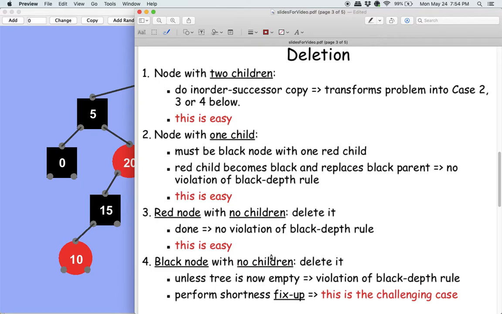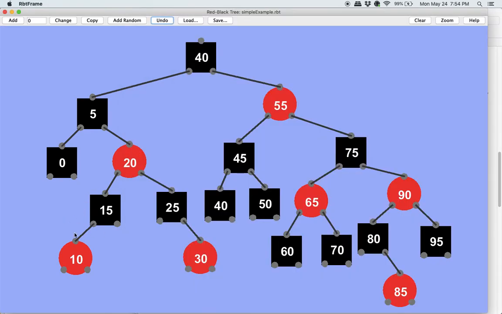If we have a node with one child, in this case, we're presuming we already have a legal red-black tree. And so I can't have a red node with just one child because it's not going to be black balanced, or it'll have a red-red violation, one or the other. And so the situation here is it must be a black node with a red child, for example.